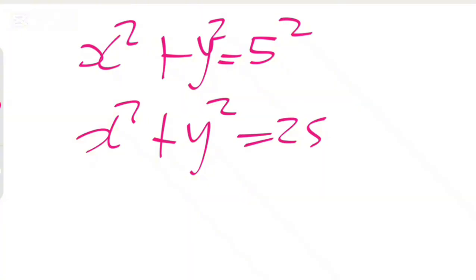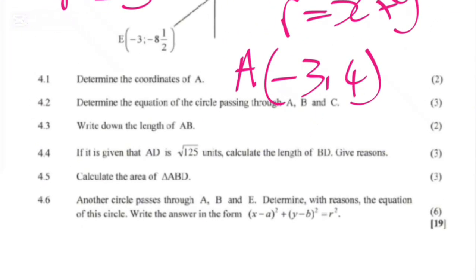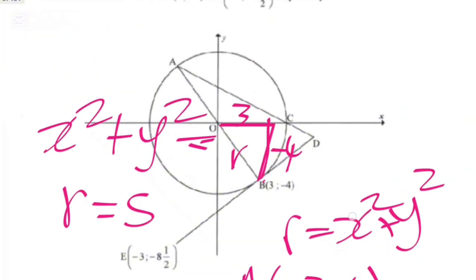Okay, let's move to the next question. The next question states that it is given that AD is root 125 units. Calculate the length of BD. Let me show you AD.